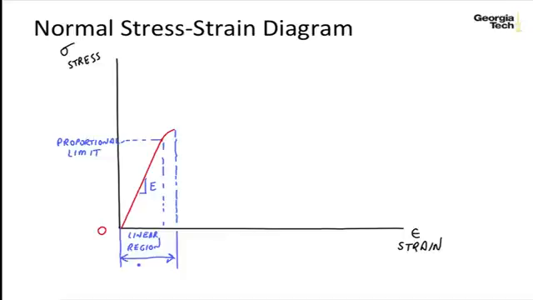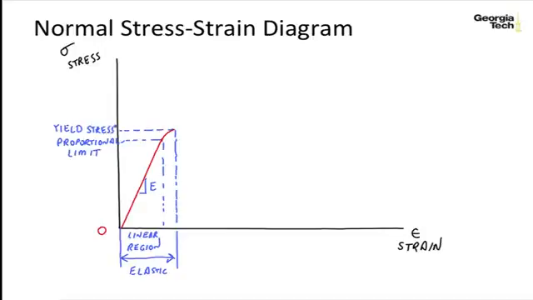And the end of the elastic region is called the yield stress. This is where any stress beyond this point is going to produce permanent yield, or permanent set, permanent deformation. The body is not going to return back to its original position.